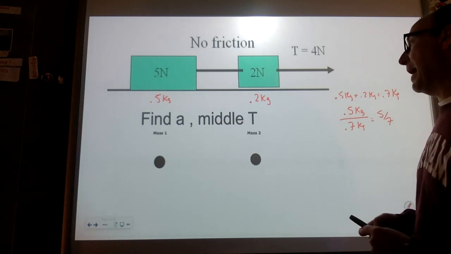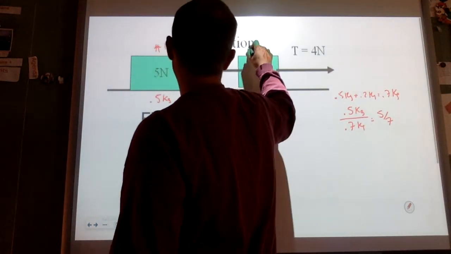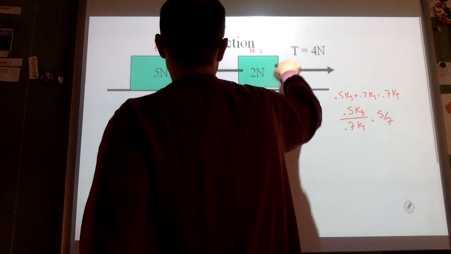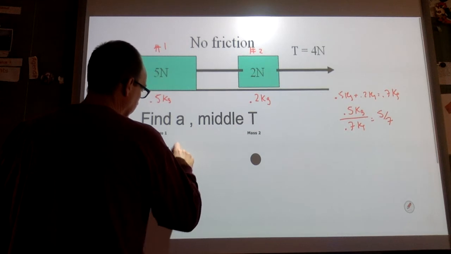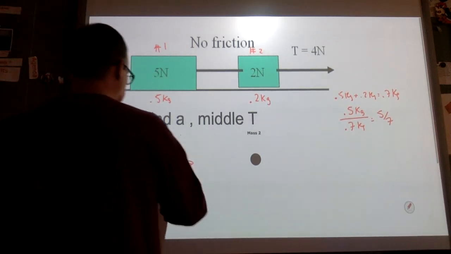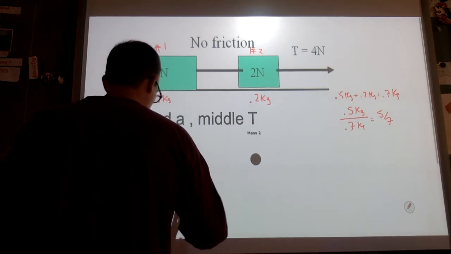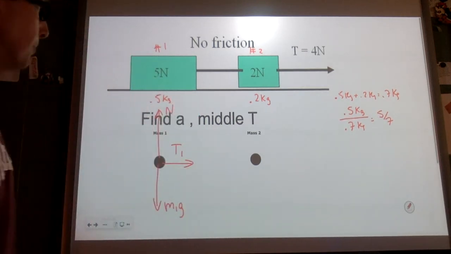All right, so I have two free body diagrams. I'm going to call this block 1 and this block 2. I'm also going to have two tensions. So mass 1 is pulled to the right by T1. It has a weight going down and a normal going up.